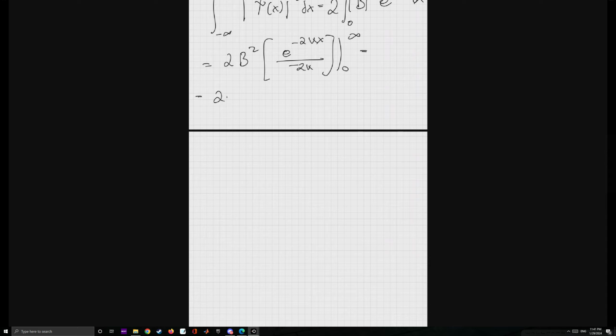At infinity, we get e to the negative 2k times infinity, which becomes 1 over e to the 2k infinity, which gives us 1 over infinity, which is 0. And then minus the value at 0, so it's going to be minus 1 over negative 2k. We can just make this plus, and it equals 1.